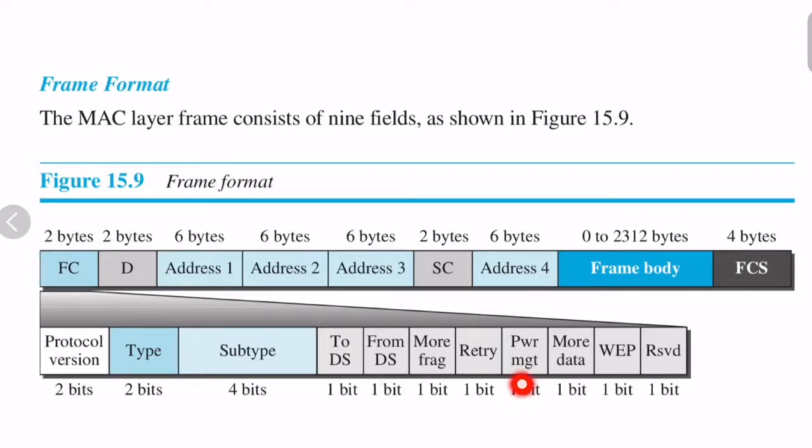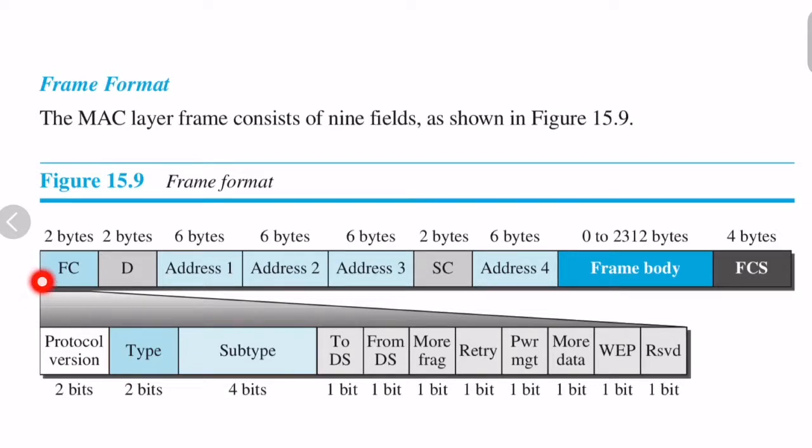Next comes more data. When it is set to 1, that means station has more data to send. WEP, wired equivalent privacy, that is encryption implementation to be included. Next comes reserved field, that is reserved for future experiments. That is the FC, which consists of 2 bytes.